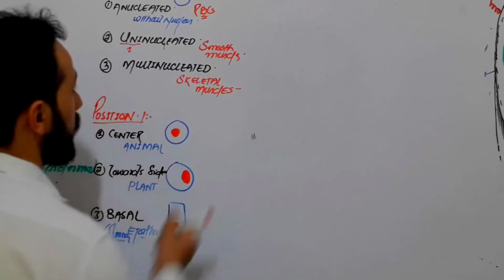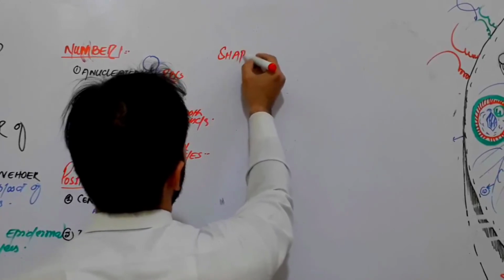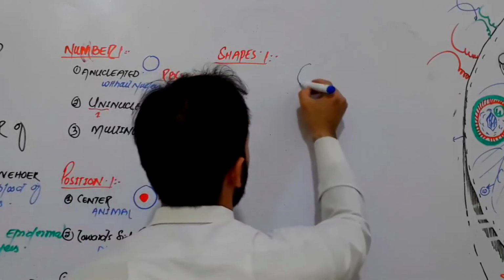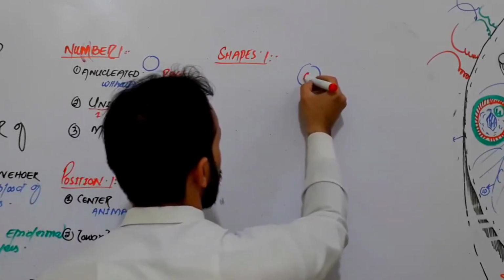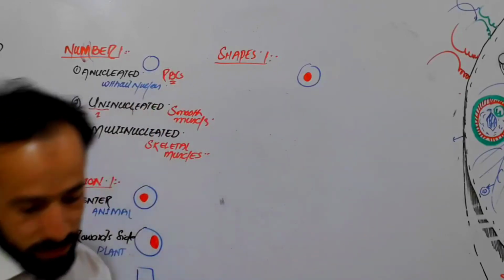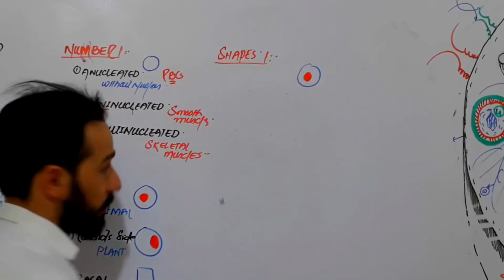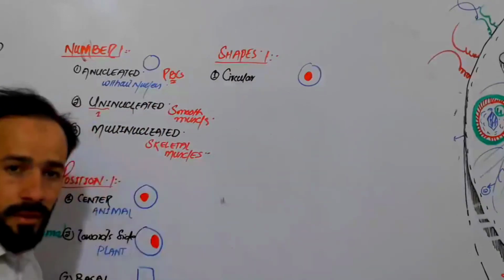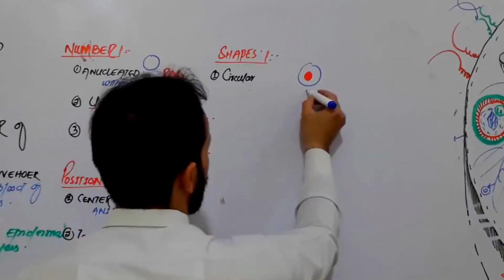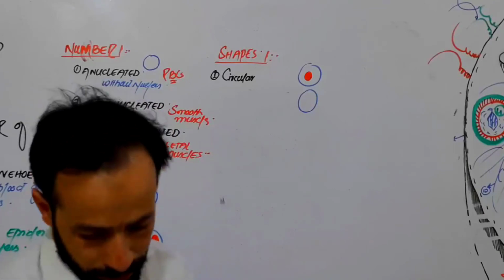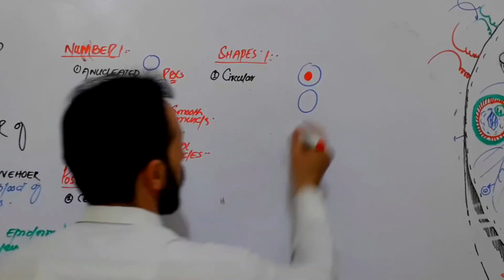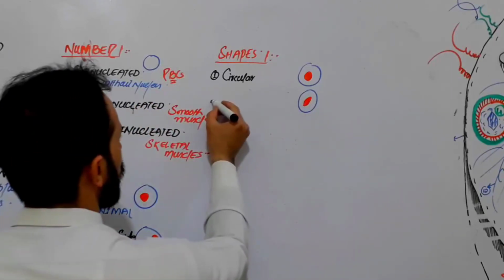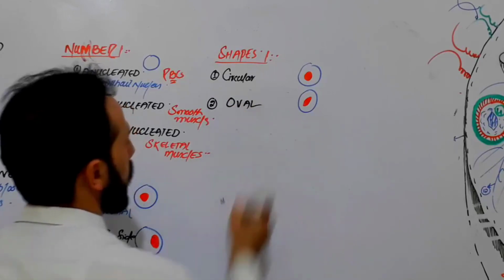And what can be the shape of the nucleus? There are certain cells which possess nuclei that have a round shape, circular or round. Some cells possess a nucleus which may be oval in shape.